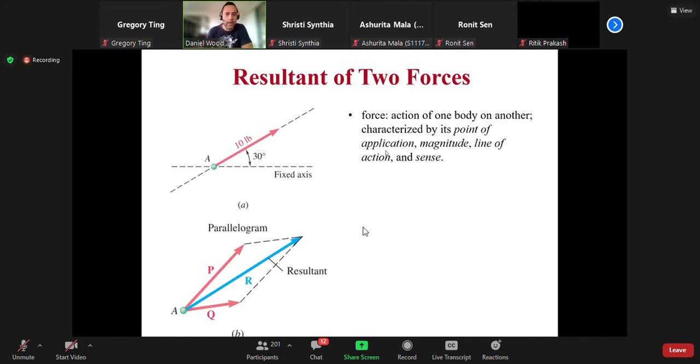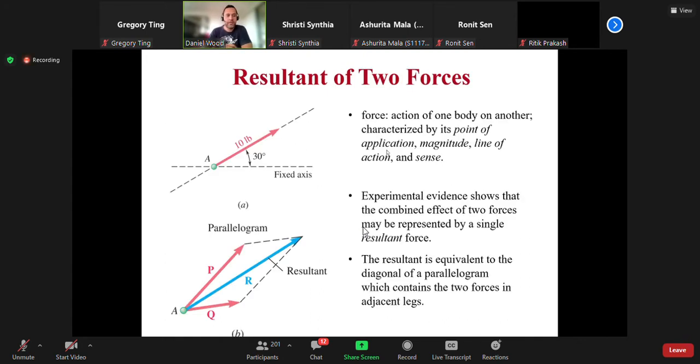Here is the resultant of two forces. So a force is an action of one body on another, characterized by its point of application, magnitude, line of action, and sense. Now, this definition of a force is very similar to what we would call a vector.